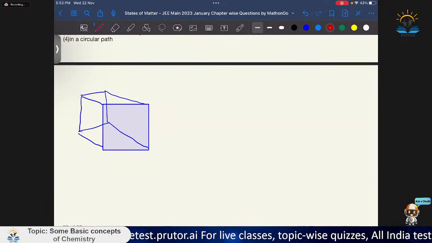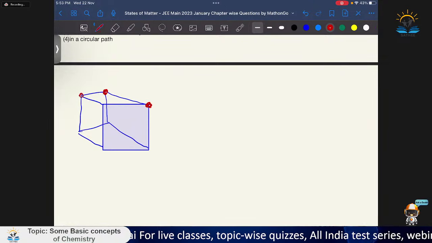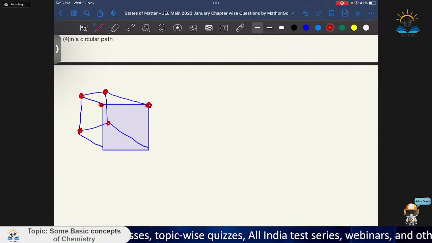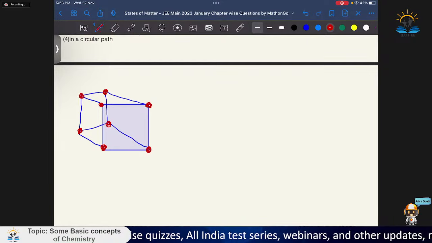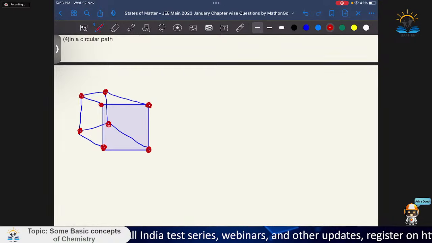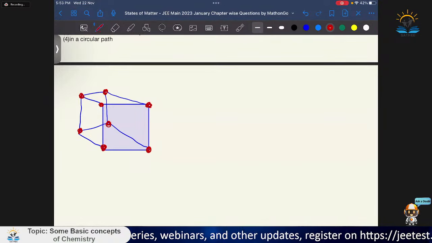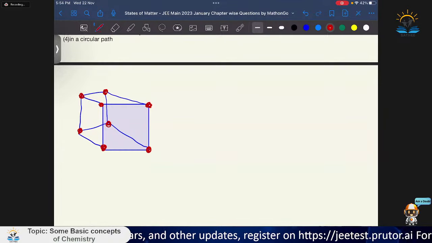And you try to put atoms at the 4 corners. Or sorry, at the 8 corners of the cube. This is a simple cubic crystal. Here, there is no atom inside the cube or on the faces of the cube or on the edges of the cube. There is only atoms at the corners. How many atoms will be there in one cube?